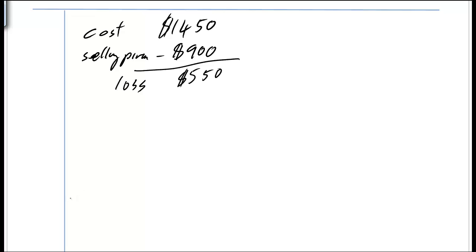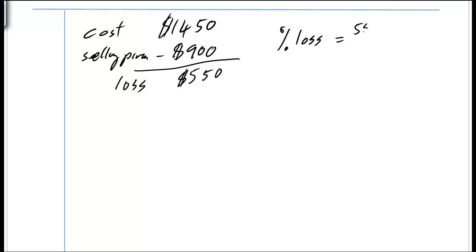Now, they said, okay, you've sold this wedding dress and you want to work out the percentage loss. So what percentage of the original cost did you lose? All we have to do is work out what is $550 out of $1,450 as a percentage, because we lost $550 out of $1,450 that we originally paid for the dress.